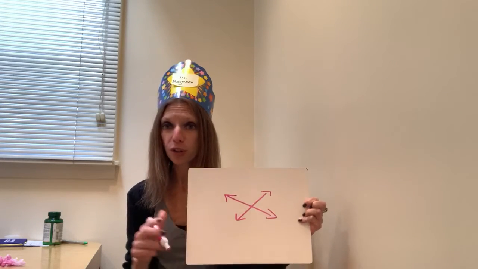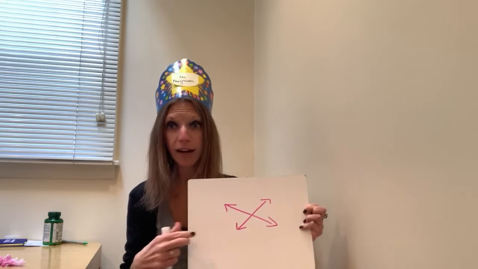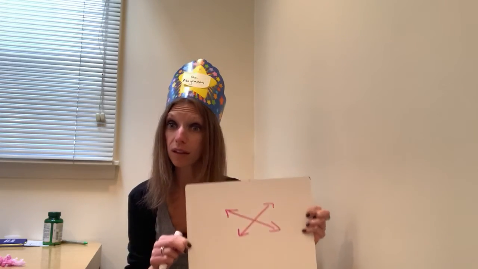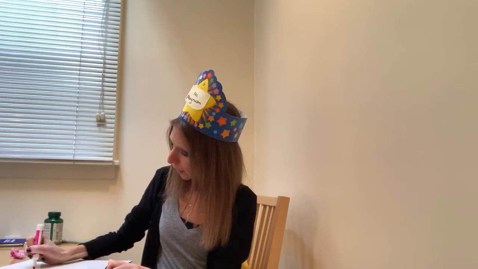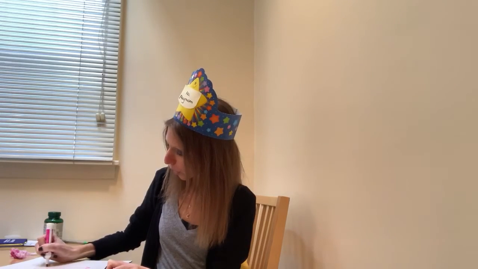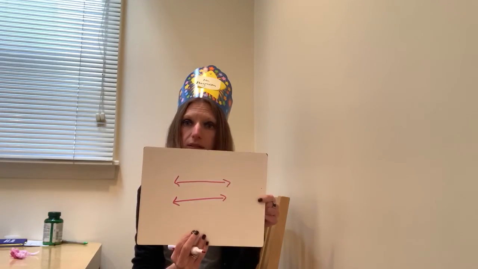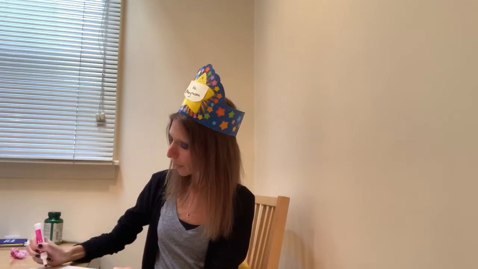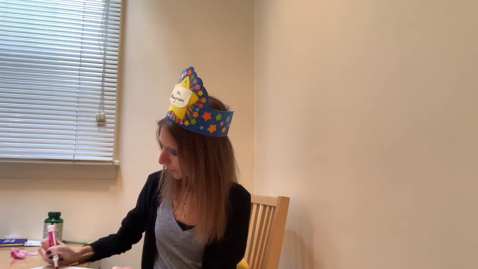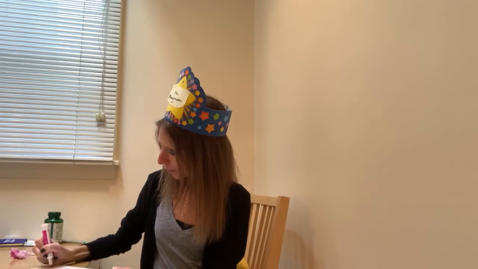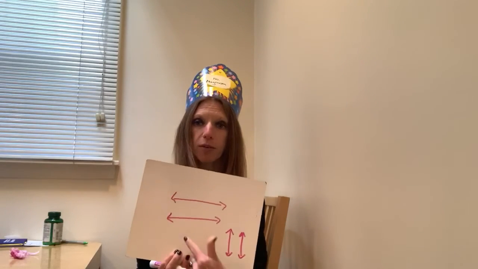Now, when you draw your lines, make sure you draw your arrows because that shows me you're using lines. And then if you draw parallel lines, you just draw 2 of them side by side. They can be going across, or you could be doing them up and down. So they can be this way or this way.